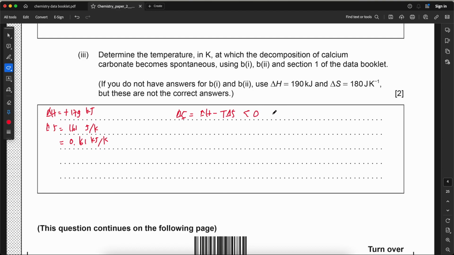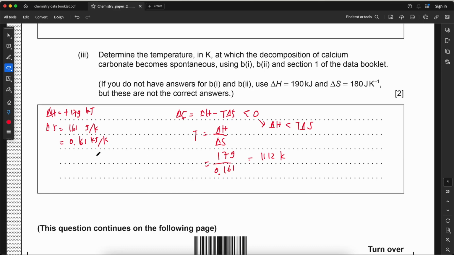This means delta H is smaller than T delta S. Then T equals delta H divided by delta S, which is 179 divided by 0.161. Then you will get 1112 Kelvin.